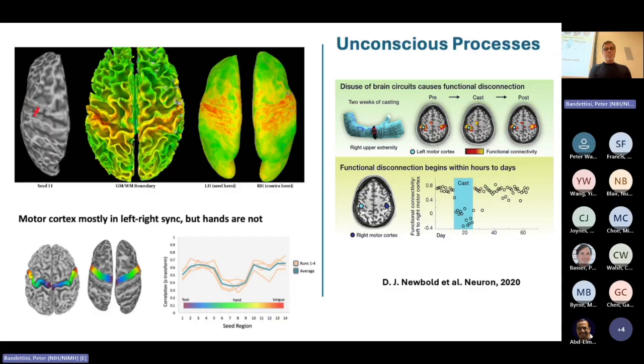Another really landmark study was by Newbold at WashU just recently, about 6 years ago, in which they had volunteers put their arm in a cast, completely immobilizing one arm, and also the hand as well. They found that within hours, the correlation between the left and right motor cortex dropped.